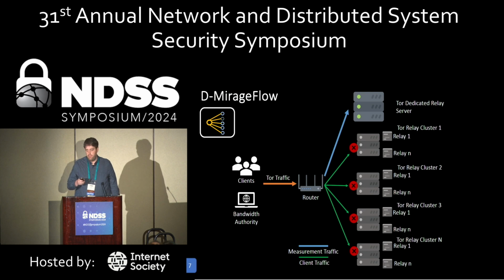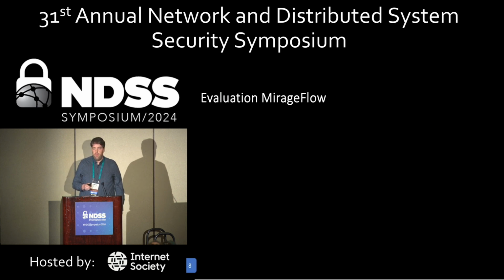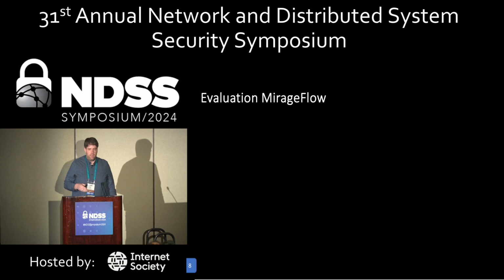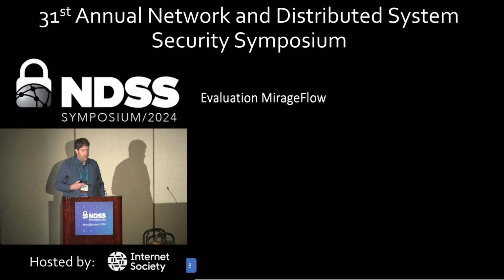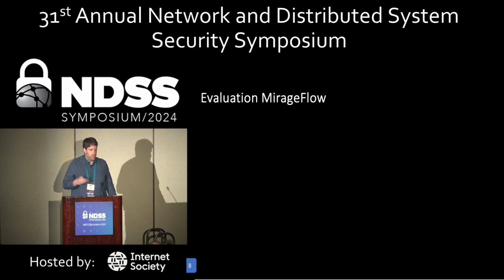Now, for the evaluation of MirageFlow, we asked the safety board of Tor to do it in the real network. However, this request was declined, so we used a test network for our setup, and in this test network, we used VMs to simulate everything.